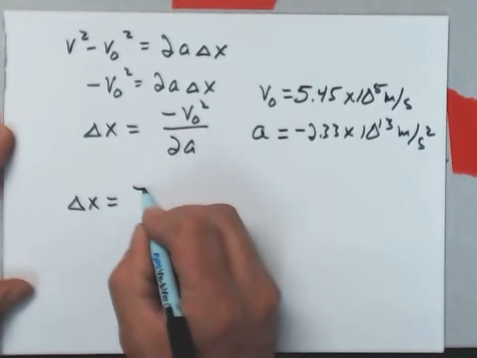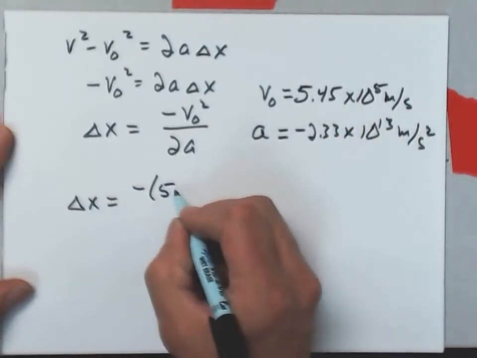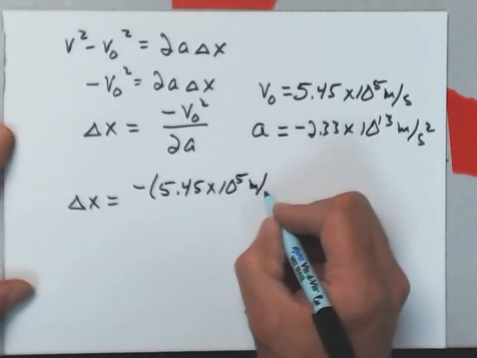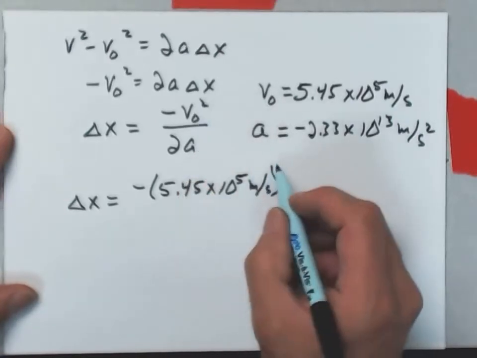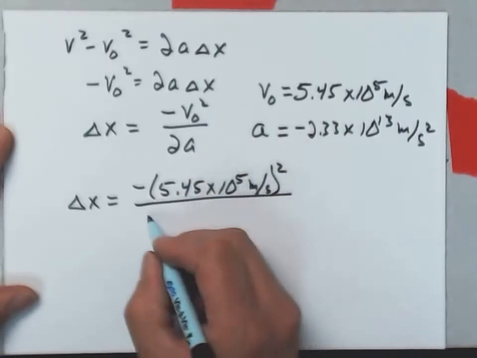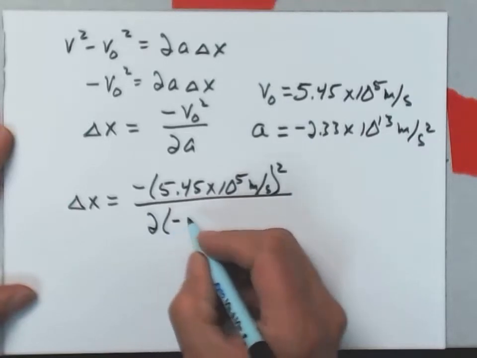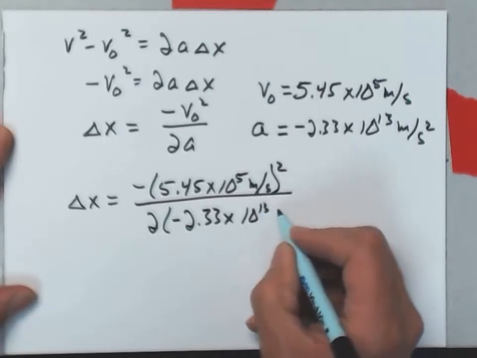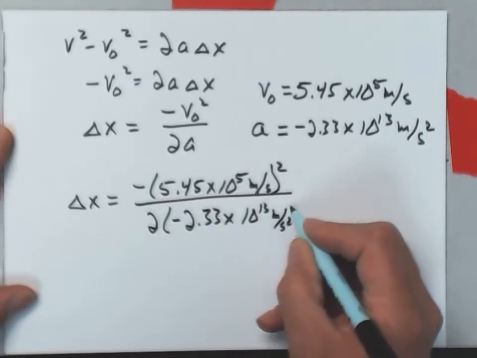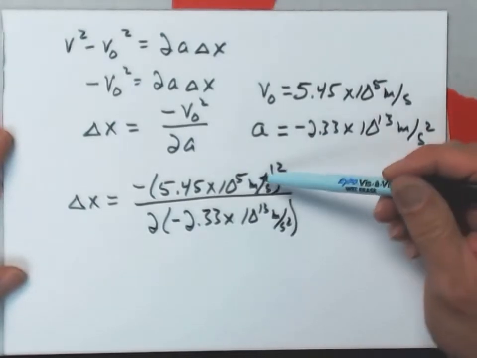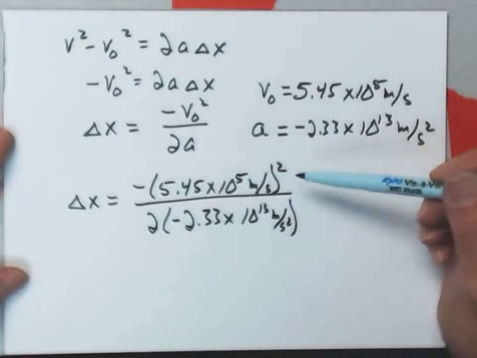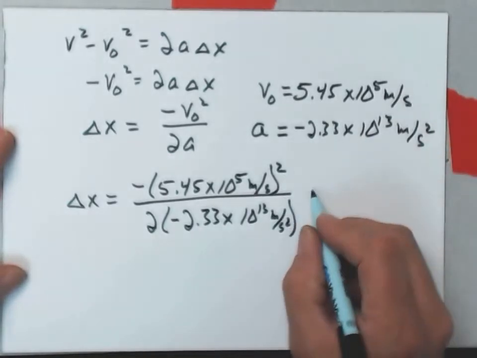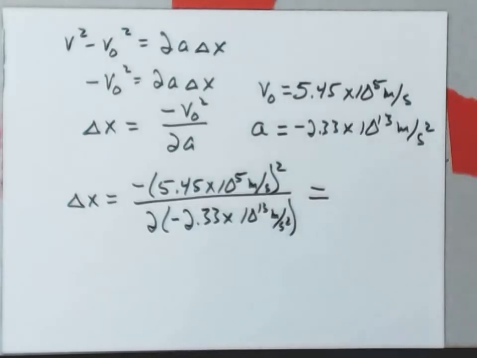Delta x equals minus that number, 5.45 times 10 to the 5th meters per second, squared. And on the bottom is 2 times that minus 2.33 times 10 to the 13th meters per second squared. Unit-wise, I know I'll have meters squared per second squared on top, because that gets squared. On the bottom, I have meters per second squared, and I'll end up with meters for my units. Let's see what it comes out to be.